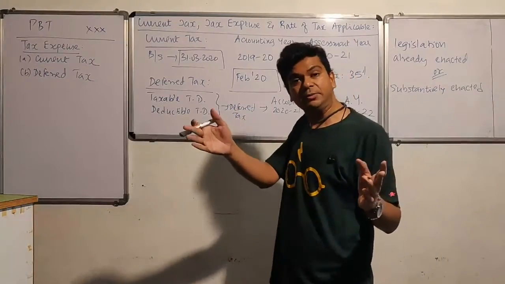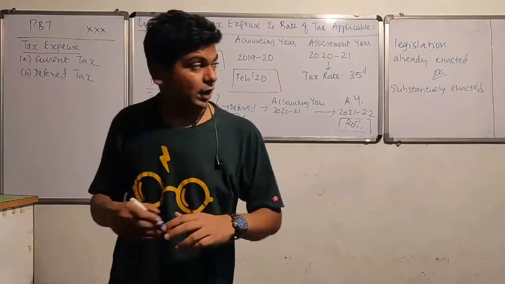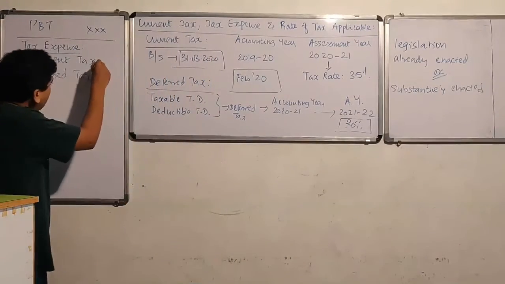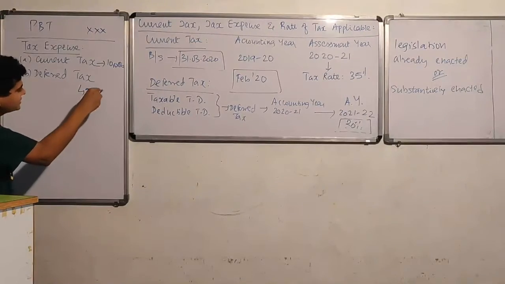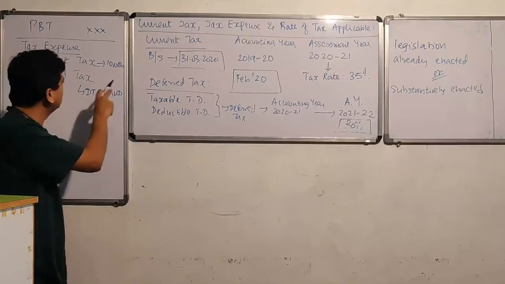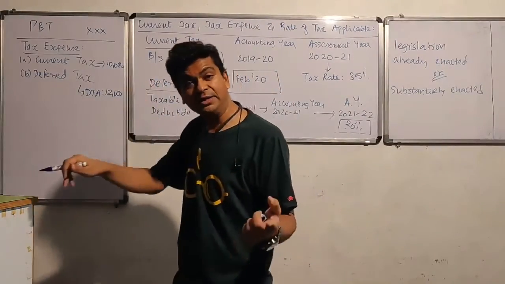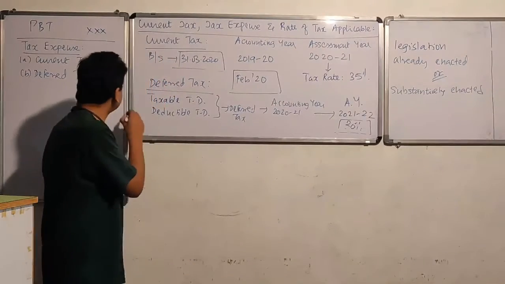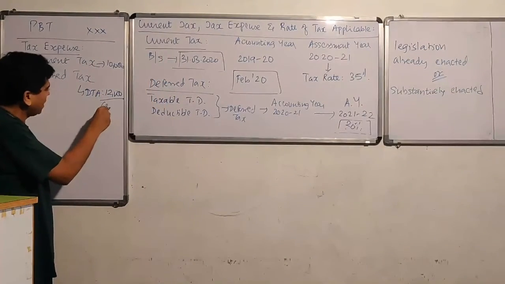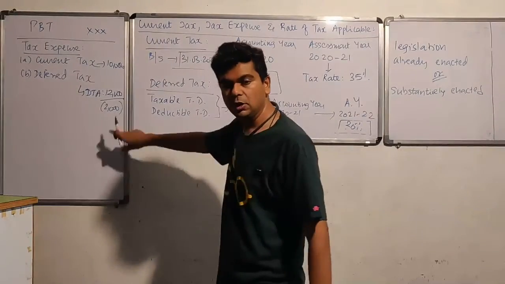Yes, it's also possible that your deferred tax is actually a deferred tax asset. So it's very much possible that my current tax is 10,000, but I have a deferred tax asset of 12,000. See, current tax will be debited to the P&L and deferred tax asset will be credited to the P&L. So in this particular situation, my tax expense will turn out to be negative 2,000.